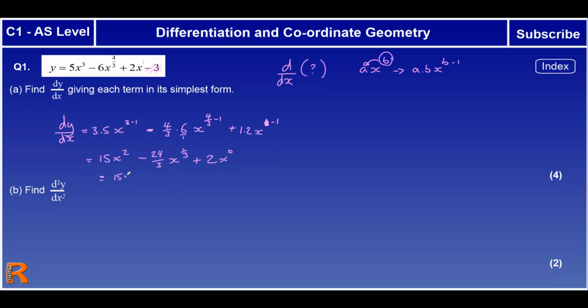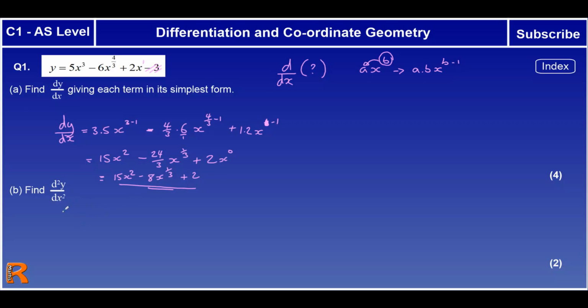So we've got 15x squared minus 8x to the power of 1/3 plus 2 times 1, which is 2. So there's our answer. Each part of the answer is worth 1 mark, and there's a method mark for, I'm guessing, some showing of understanding of differentiation. If you get the answer though, you get all 4 marks.